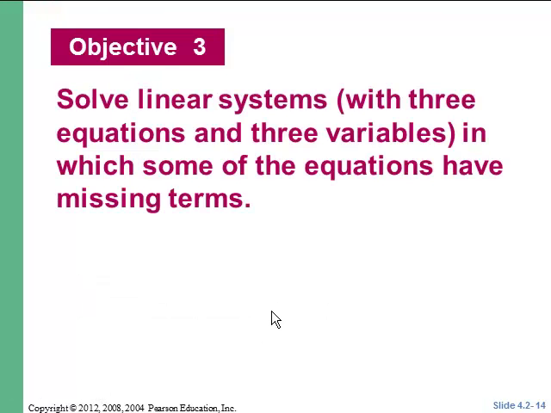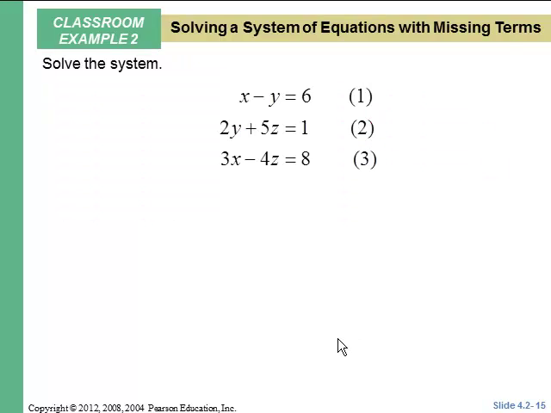All right. So if you have 3 equations and 3 variables, sometimes you will have missing terms. Notice no letter appears in all 3 of them. If that's true, then when you go to solve the system, you're going to have some problems. Let's see, what can we do?